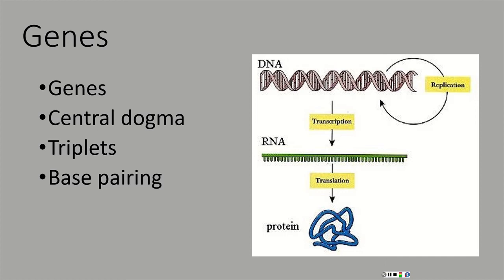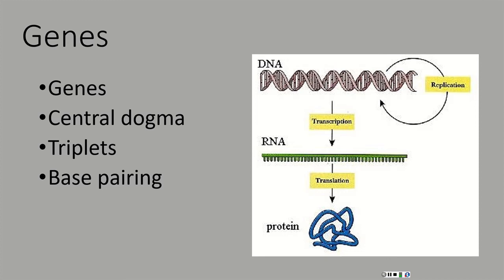Well, let's learn some terms. Let's learn about something called a triplet. A triplet is 3 letters or 3 nucleotides. Remember our A, C, T, G that was in just long strands along the DNA?